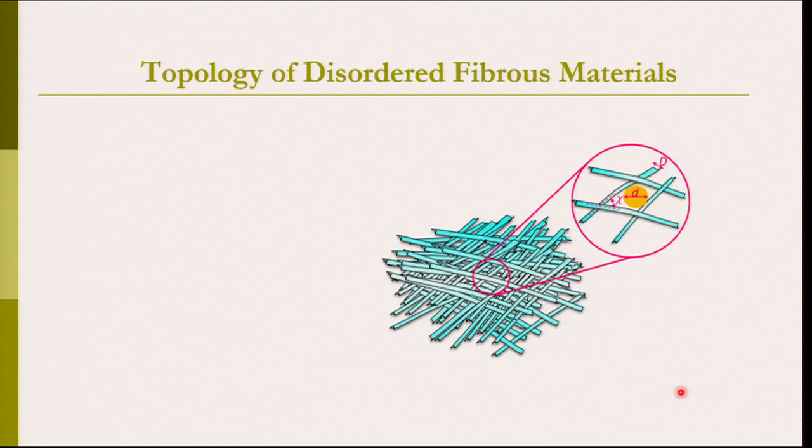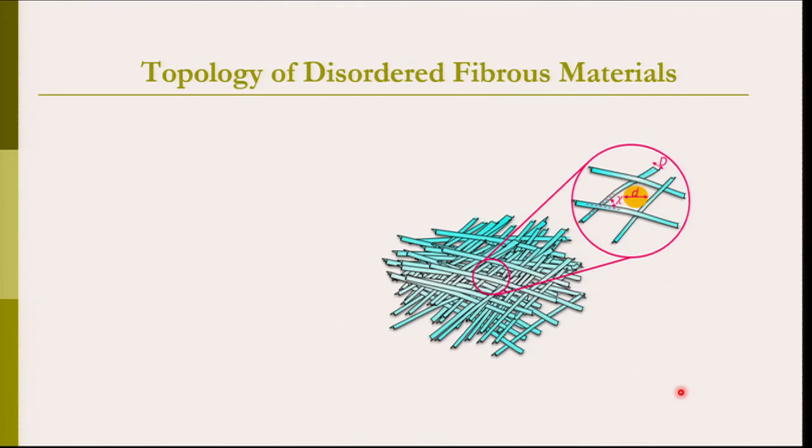As we have seen earlier, we have different kinds of fibrous materials. In case of regular fibrous materials, it is easier to visualize the number of contacts between the yarns, but it is quite difficult to visualize and understand the topology of disordered fibrous materials.